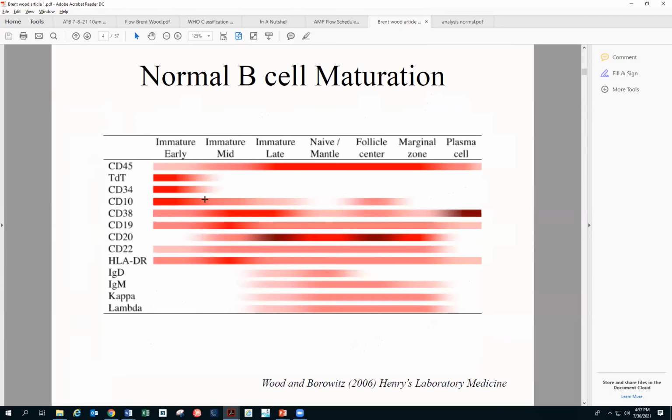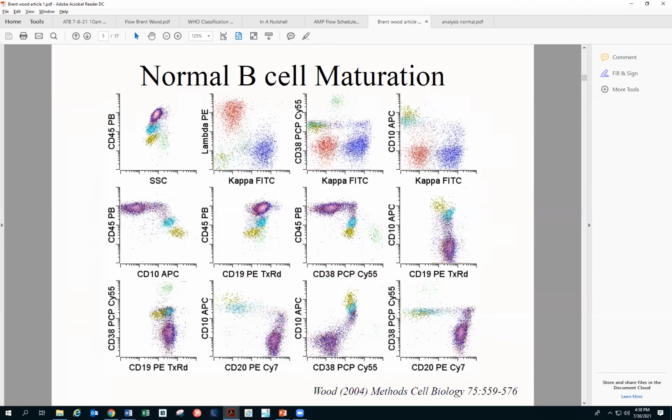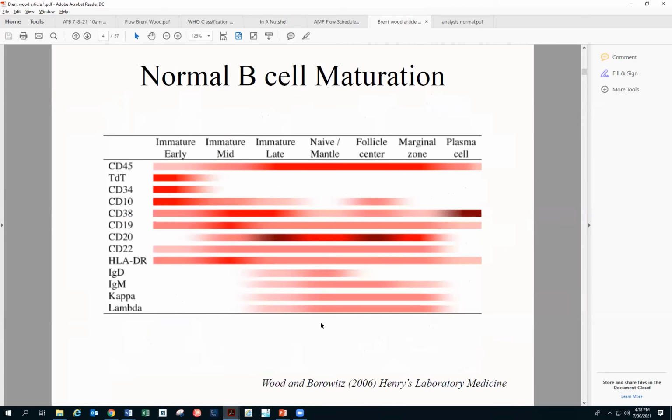CD10, we saw that it is in the immature early and in the follicular center. Let's not remember this because that will more confuse you. Let's see the ones that will be in your normal practice. But this is something that you should remember for B cell maturation.